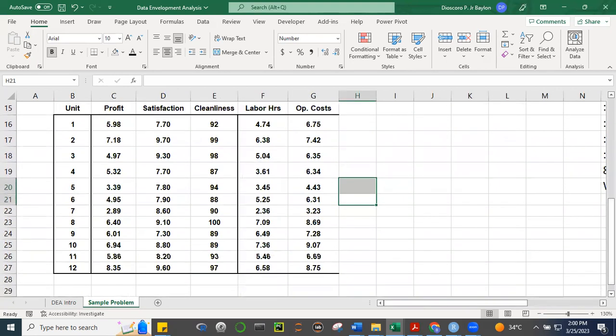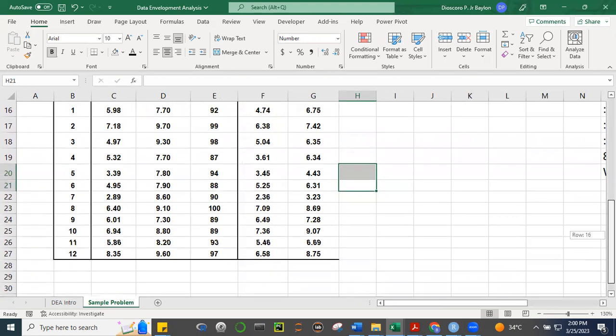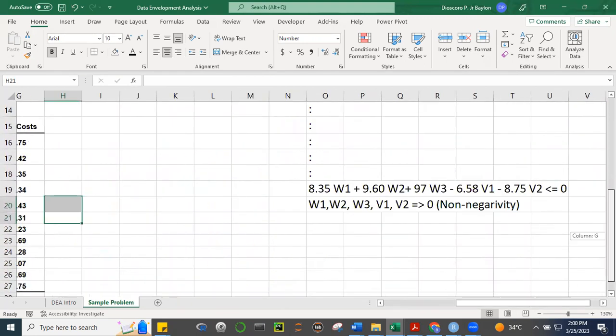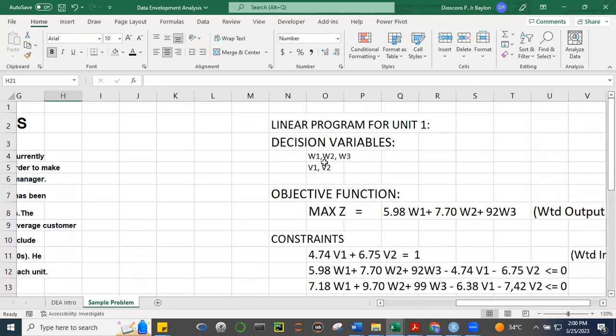So we will now solve this. Take note that the decision variables are W1, W2, W3, V1, V2, and then we have the objective function, which is the weighted output for unit number 1.